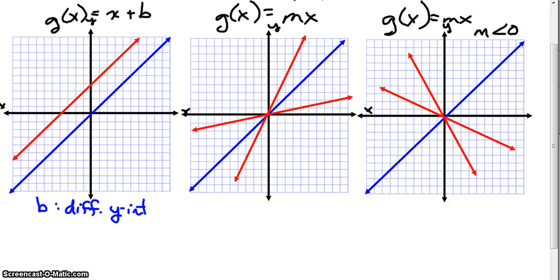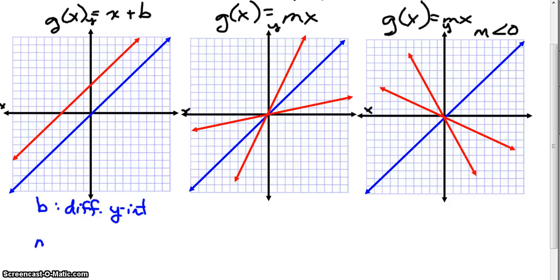What happened with the y-intercept here? It went which direction? It went up, right? We see that the red line has a y-intercept at, it looks like 4, and the original parent was at 0, right? So we've gone up, okay?